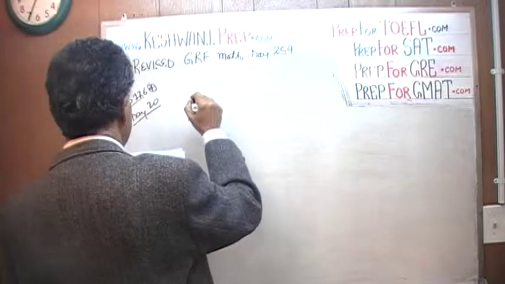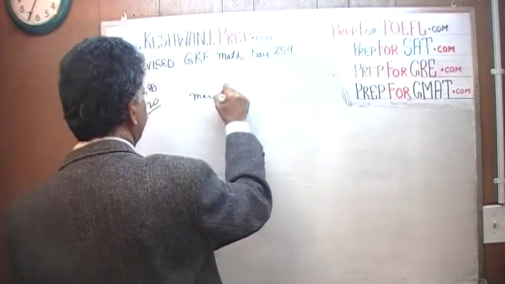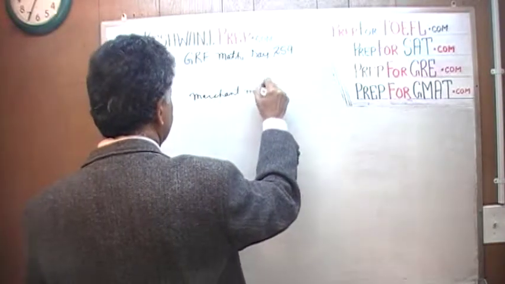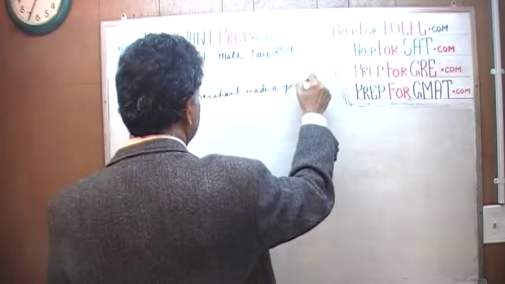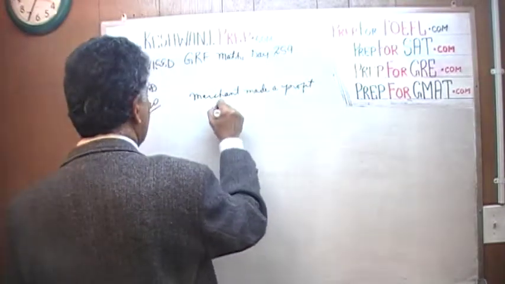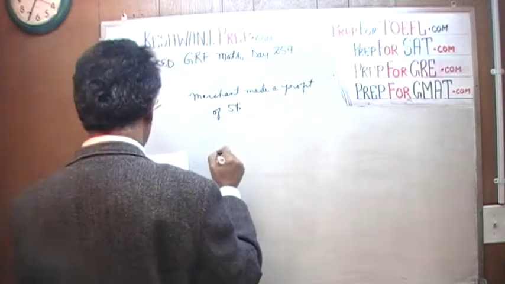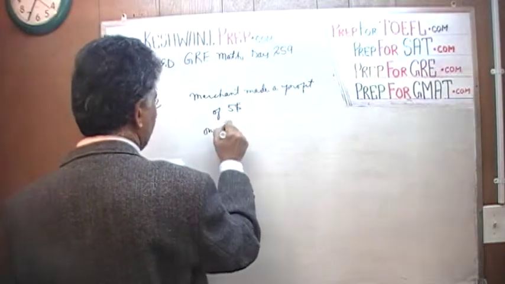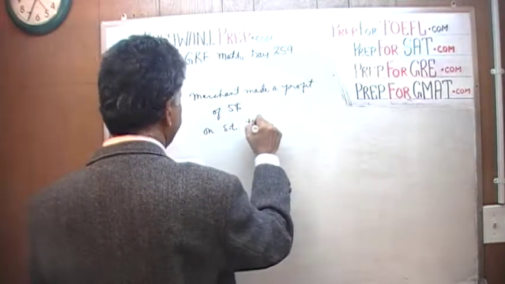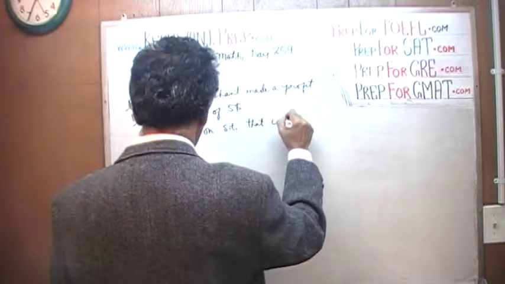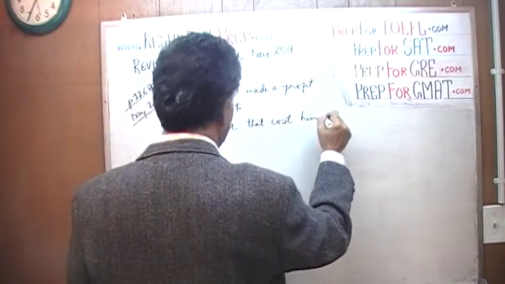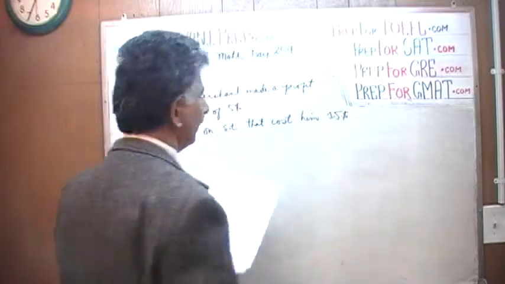We are told that the merchant made a profit of $5 on something that cost him $15.